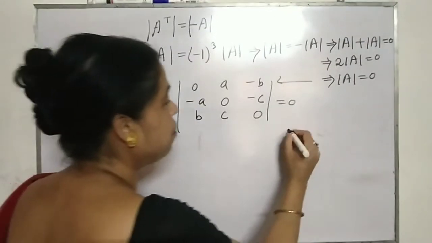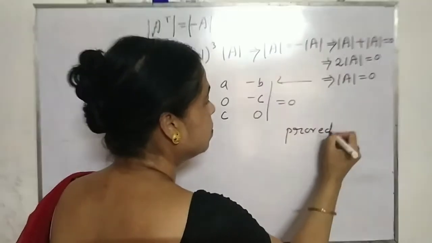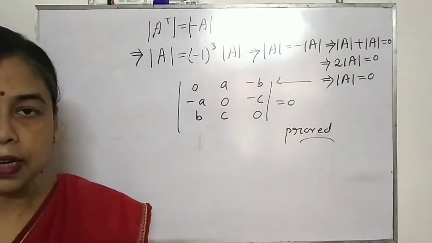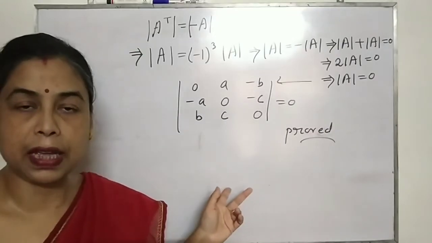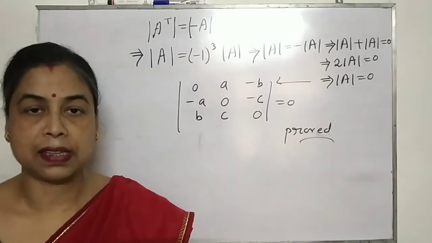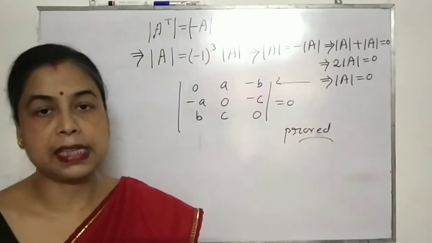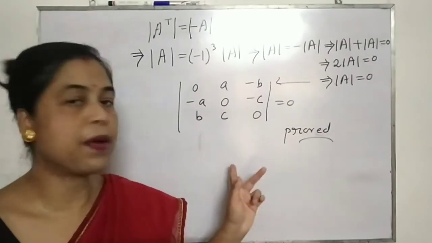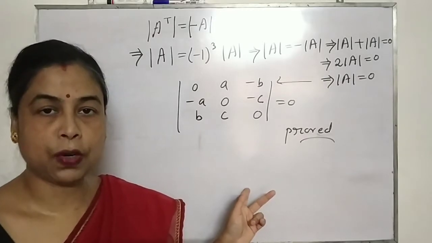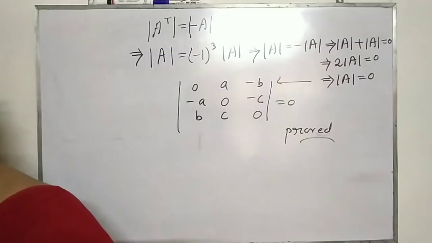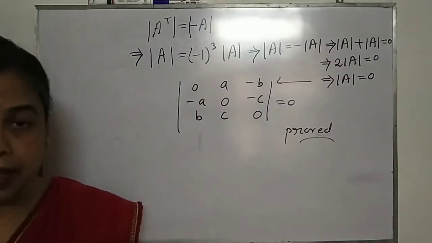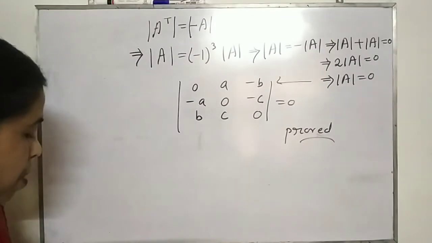Hence it is proved. Hope you understand it. This method is mostly used when the matrix obtained from the determinant is skew symmetric. In this case, we apply this method. I had already done 8, 9, 10, 11, 12. Let us now proceed to question number 13.